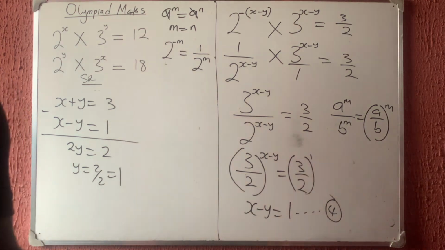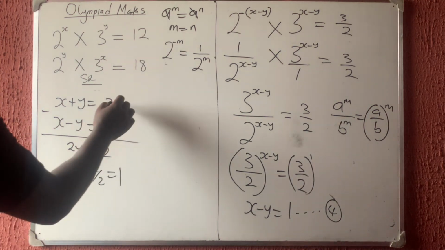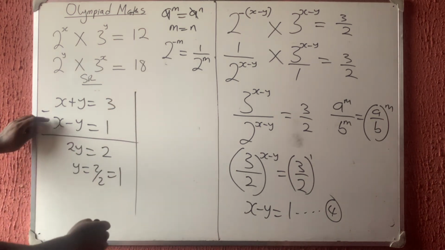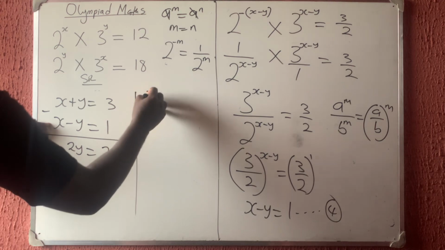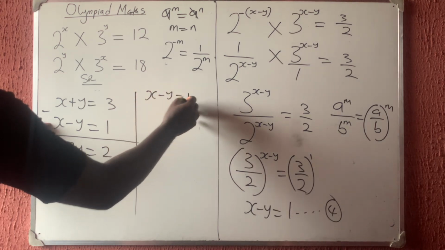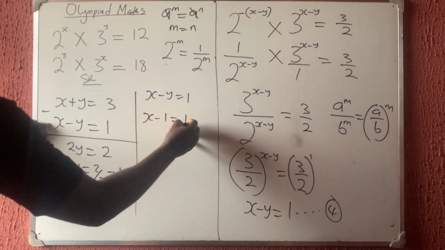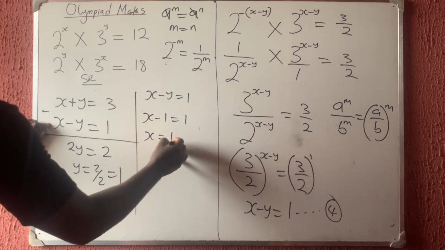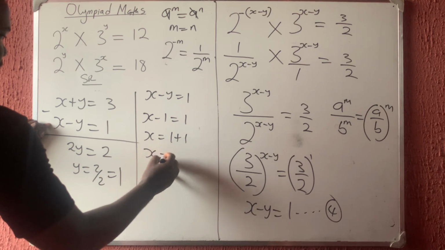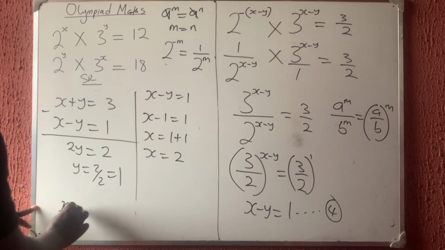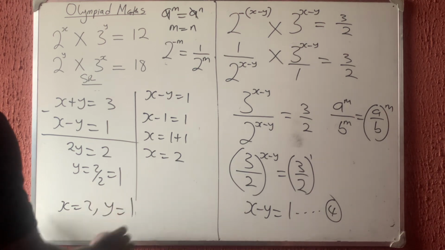Then I can substitute into equation 4, which says that x minus y is equal to 1, and I have that y is 1. So x minus 1 is equal to 1. Therefore, x is equal to 1 plus 1, and x is equal to 2. So my answer: x is equal to 2 and y is equal to 1.